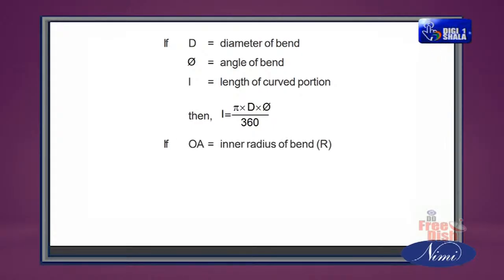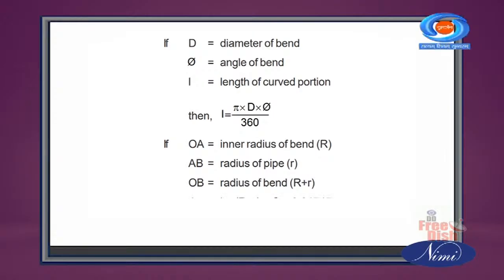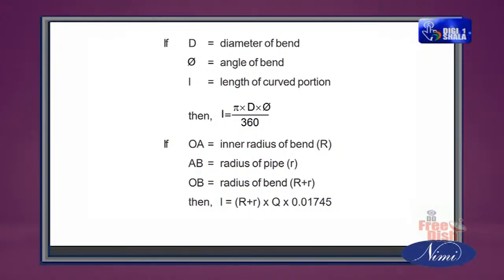If OA is equal to inner radius of bend, r, AB is equal to radius of pipe, r, OB is equal to radius of bend, R plus r, then L is equal to (R plus r) into theta into 0.01745.